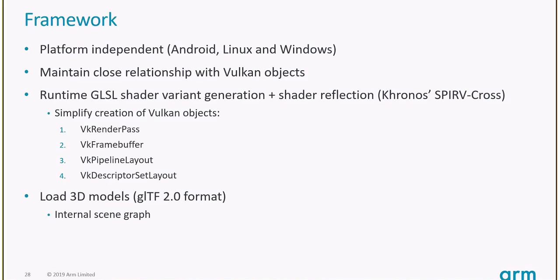It doesn't try to abstract out too much on top of Vulkan. So something we added was runtime GLSL shader generation plus reflection using SPIR-V from Khronos. And we simplified the creation of some Vulkan objects such as render pass, frame buffer, pipeline layout, descriptor set layout, plus we load 3D models in glTF 2.0 format.